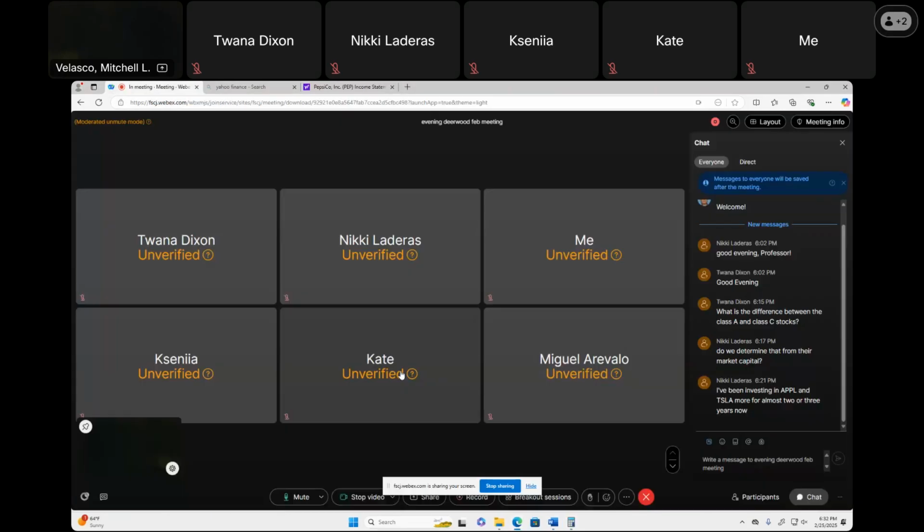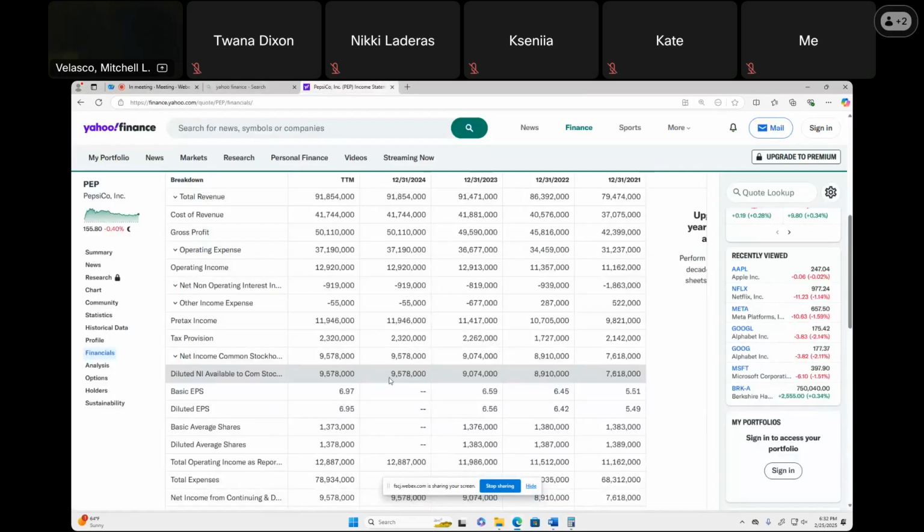Let's see if there are any questions out there. All right. It's kind of on the high side. That means they're paying 75% of the income that they earn and returning it back to the shareholders. So that's really, really generous. But it may not be something that you want to see. Generally, I'd like to see maybe 50% of their earnings returned to the shareholders or less.